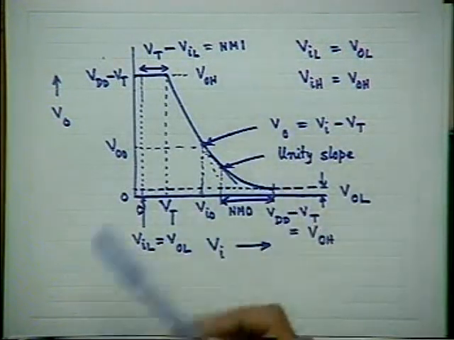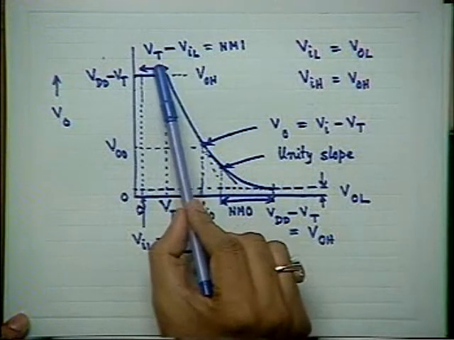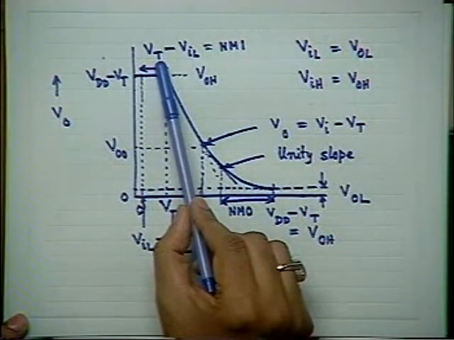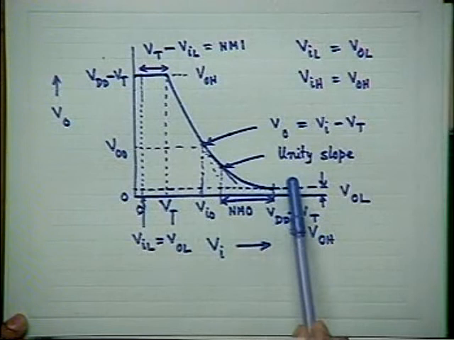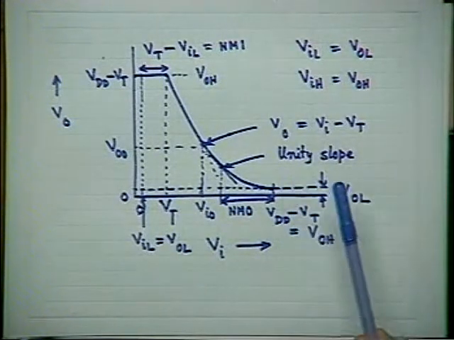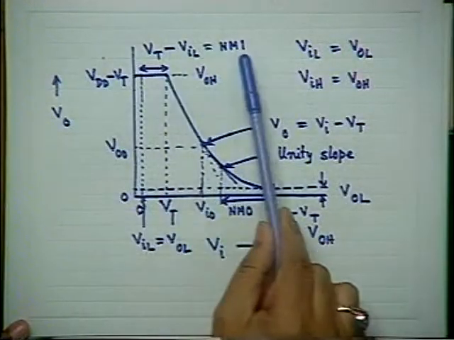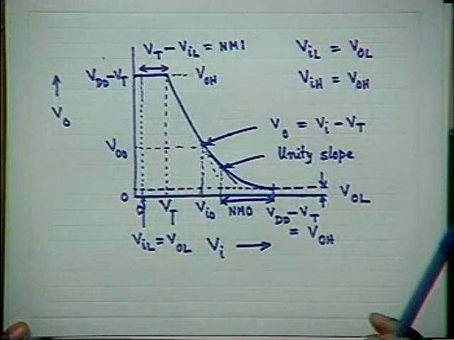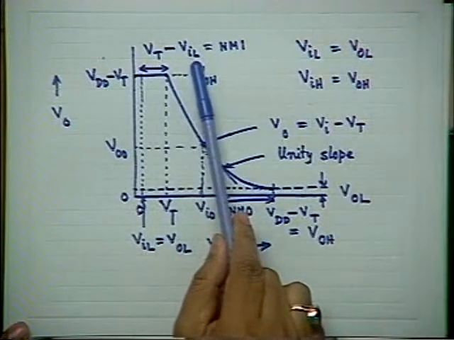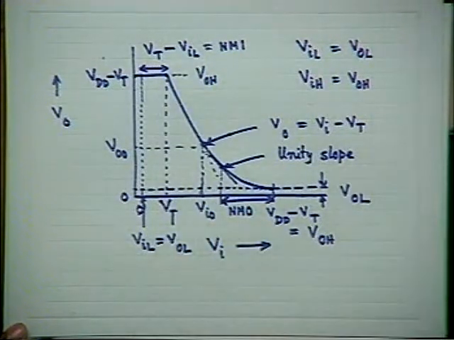So noise margin in the one state is entirely controlled by the threshold voltage. You just check. And definitely VIL. That is why you have to see that Vt should not be too low. If Vt is low, what will happen? The noise margin NM1 will be affected. And I have to have as low a value of VIL as possible.